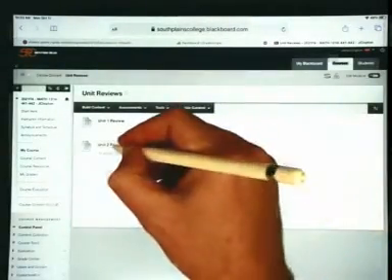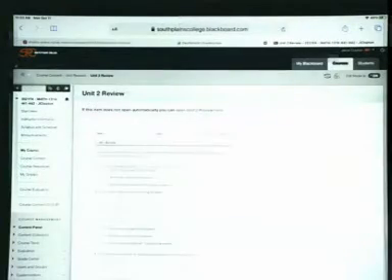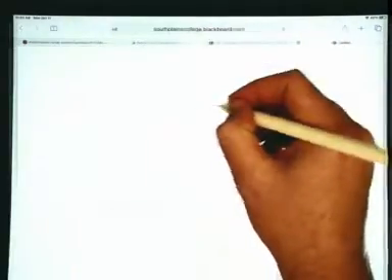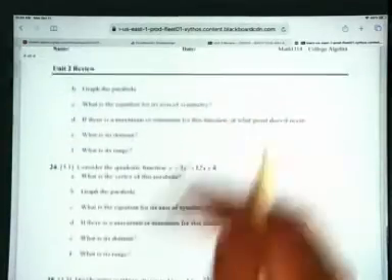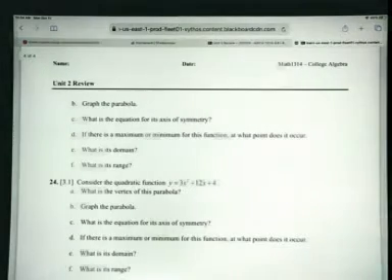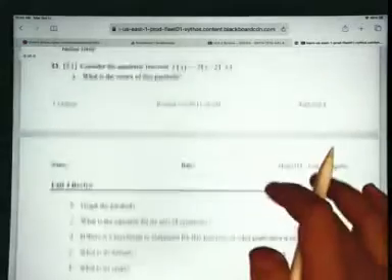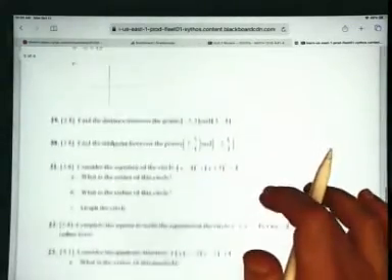So what I suggest is that you start looking at the review for Unit 2 now. Open a new page. Again, the number of questions does not necessarily reflect the number of questions that you'll see on the exam. Rather, this is a good spread of the type of questions that you will see on the exam for Unit 2.